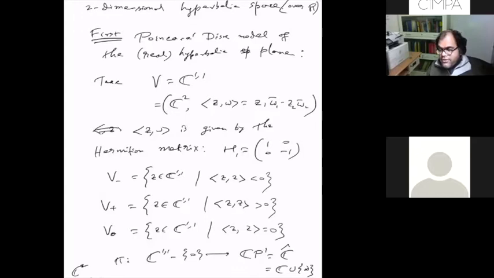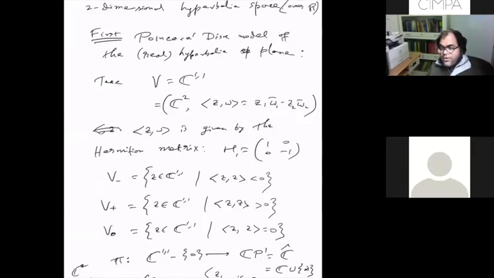All right, so you have a map. Here the projection map is a map from C^{1,1} minus 0 to the Riemann sphere, and this map is given by (Z1, Z2) goes to Z1 by Z2 if Z2 is non-zero, and infinity if Z2 is equal to 0.